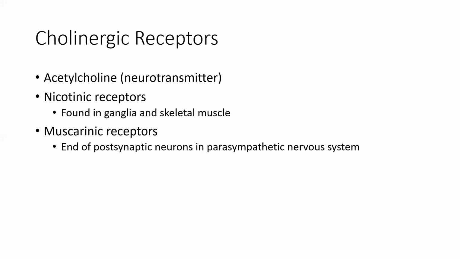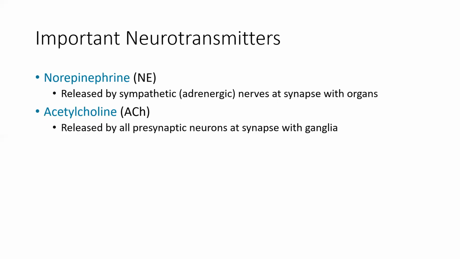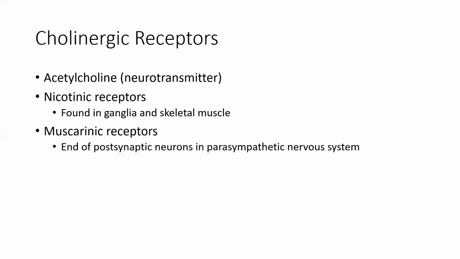That is acetylcholine. And acetylcholine is the one which is released by all presynaptic neurons. So at the cholinergic receptor, the acetylcholine neurotransmitter is received. Now, the cholinergic receptors are further of two types: nicotinic receptors and muscarinic receptors.